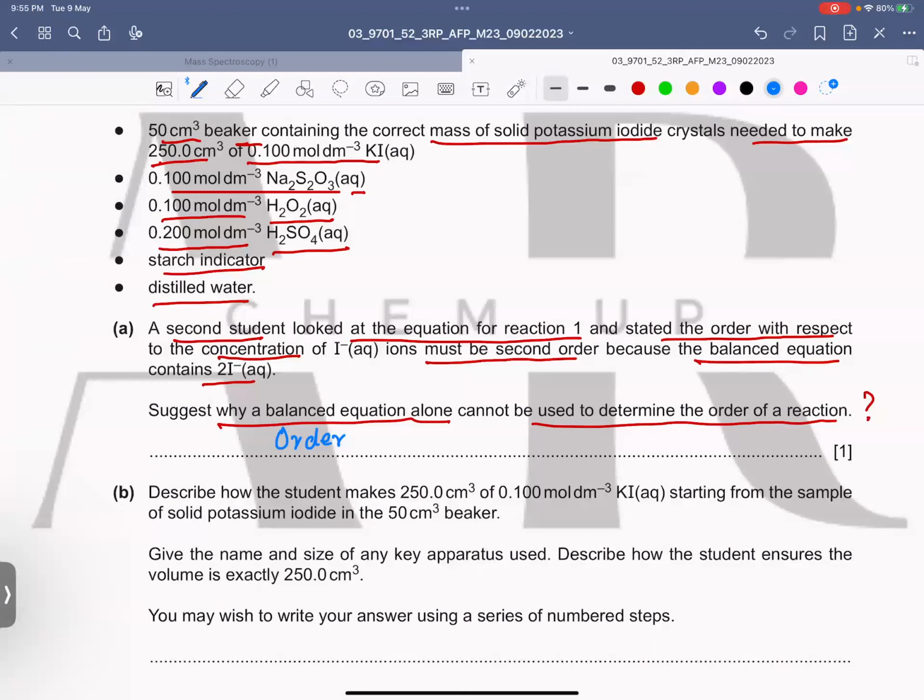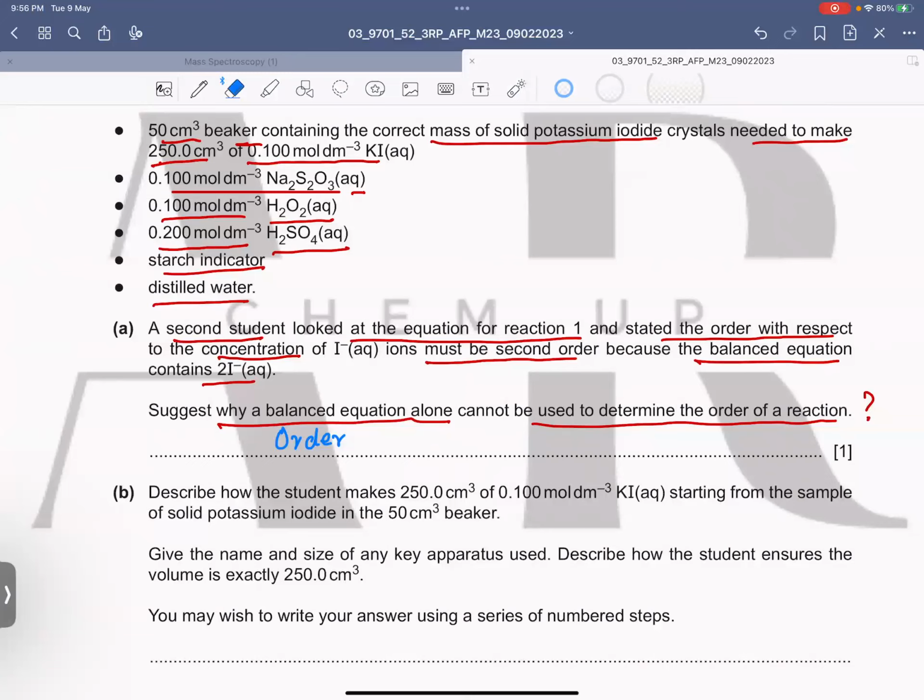Yeah, that is for the mechanism. But we cannot find the order that way, because you have to perform the experiment and record the time for each step, what time each step is taking. So the order is not the order of a reaction, it is the order with respect to iodide only.